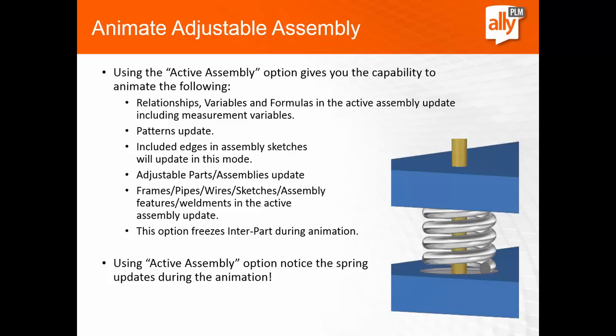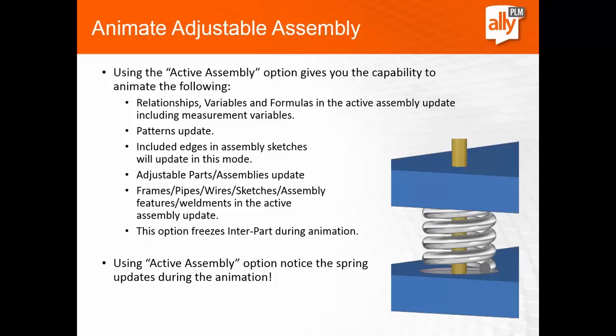What we can do now though is use the active assembly option in ST8. What this does is it allows us to animate relationships, variables, and formulas in the active assembly, and also update any measurement variables. This includes patterns, included edges and assembly sketches will update. The things that we're covering here, such as adjustable parts or adjustable assemblies, will also update now.